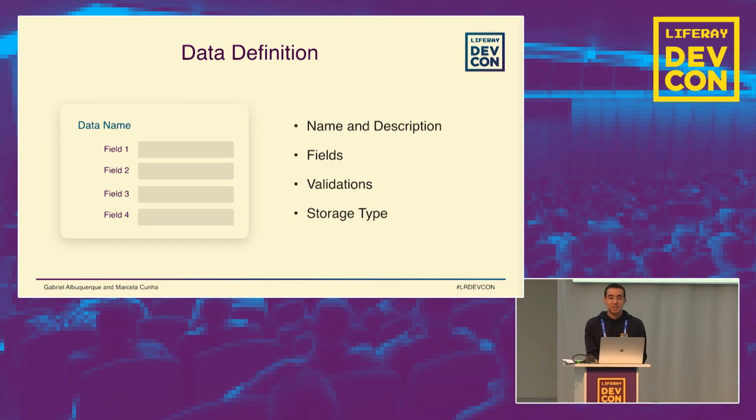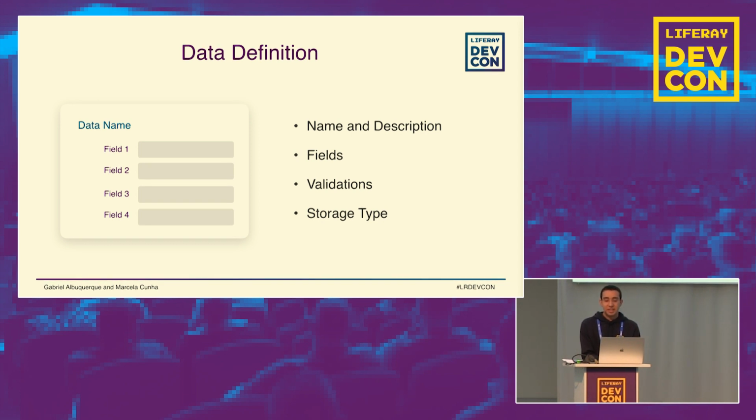And here's the first one, data definition. Like I said previously, you can define the name and the description, and you can define your fields, like the name of the field and the type of the field, and all of the custom properties, like what else? Required things and something like that.